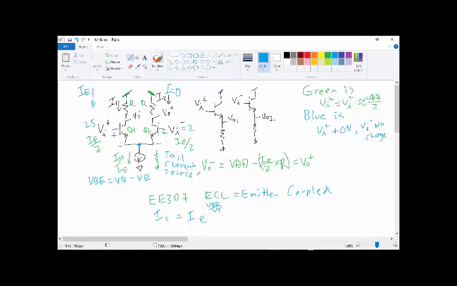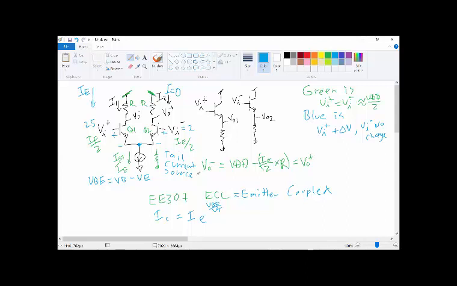When VI plus is greater than VI minus, the current goes through the left side. When VI minus is greater than VI plus, then the current goes through the right side. And that's the basic of current steering logic.